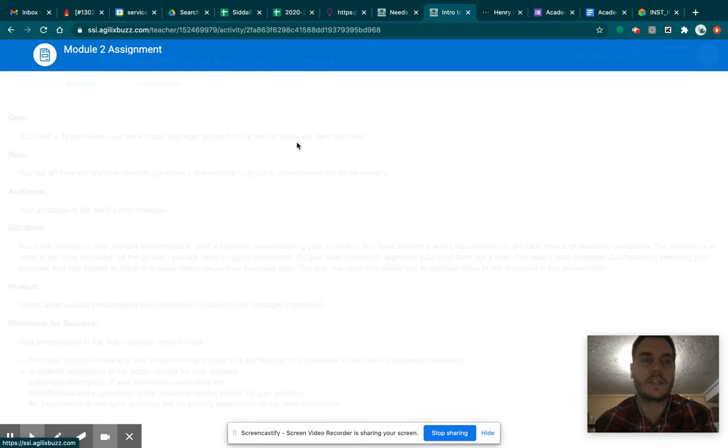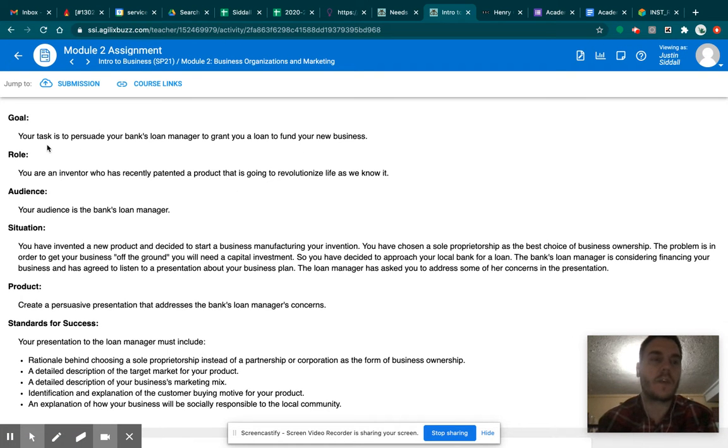All right, so we select the assignment and we have this goal. Persuade your bank's loan manager to grant you a loan to fund your new business. Okay, fair enough. You are an inventor who has recently patented a product that is going to revolutionize life as we know it. Okay, that's fine. The audience is the bank's loan manager. So that stuff, okay, fine.